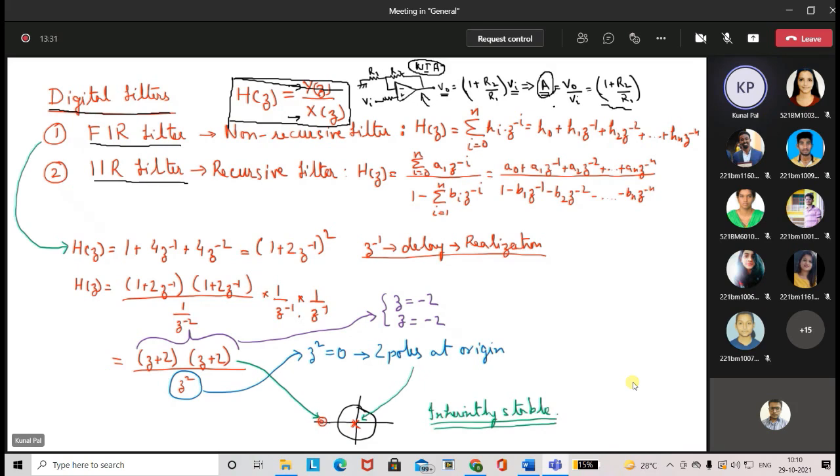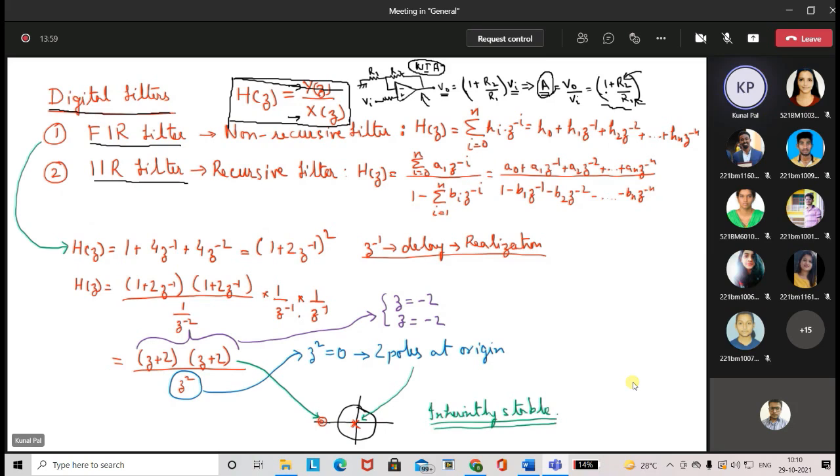Since we are using R2 and R1, which are frequency independent components, you will not find any frequency dependent component in this gain factor. However, when we design filters, what are filters? Filters are systems which help us in modulating the frequency components of a given signal.